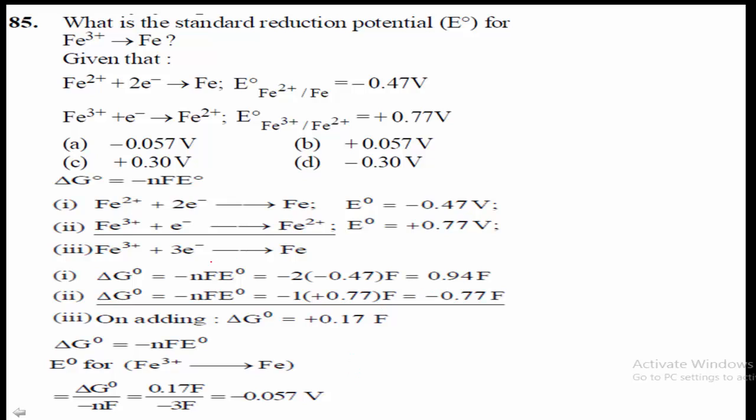Upon addition of the standard Gibbs free energy change values, we will get delta G naught is equal to plus 0.17 F. Now use the equation delta G naught is equal to minus nFE naught. So E naught is delta G naught divided by minus nF is equal to 0.17 F divided by minus 3F, that is equal to 0.057 volt. Therefore the option A will be the right answer.